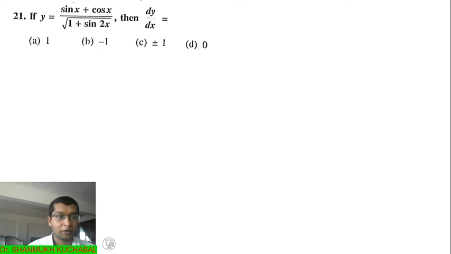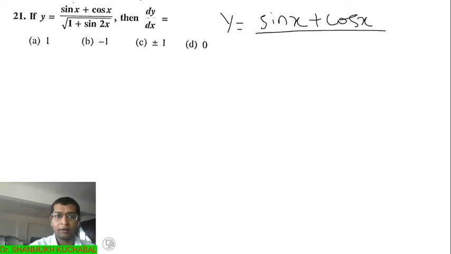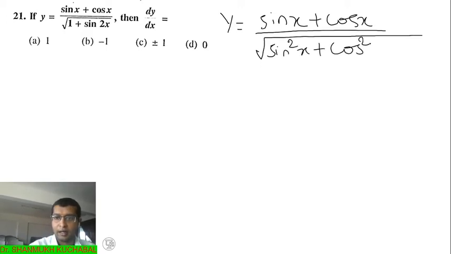So example number 21, it is given that y equal to sin x plus cos x whole divided by under the square root of 1 plus sin 2x. The value of 1 is sin square x plus cos square x, and sin 2x we can write as 2 sin x into cos x.